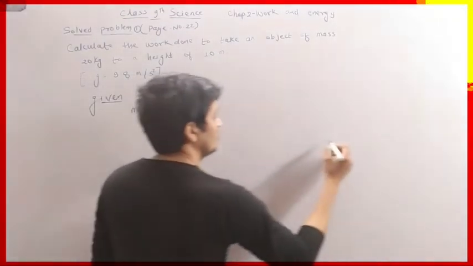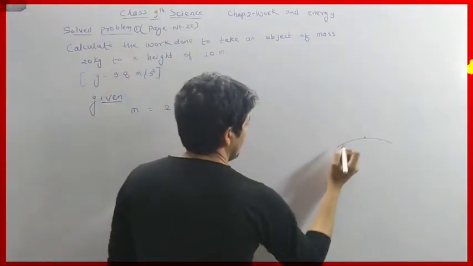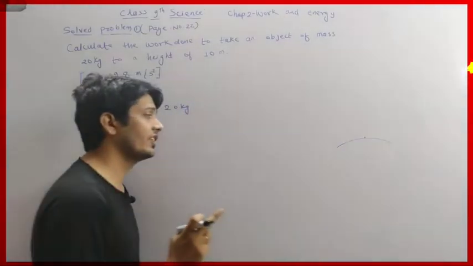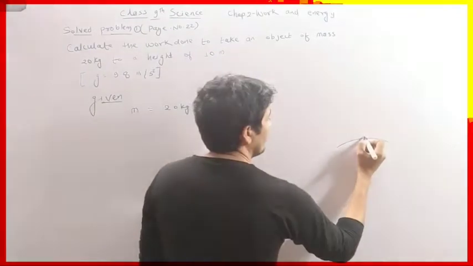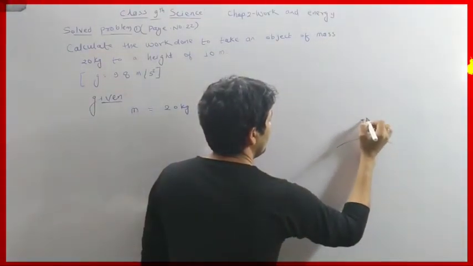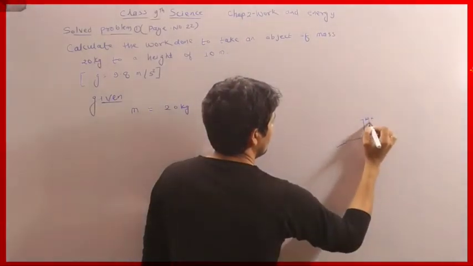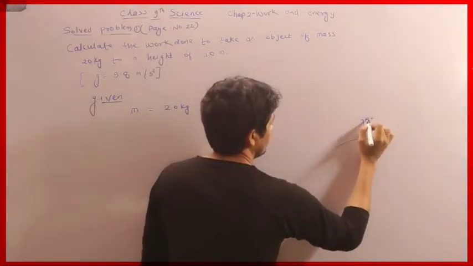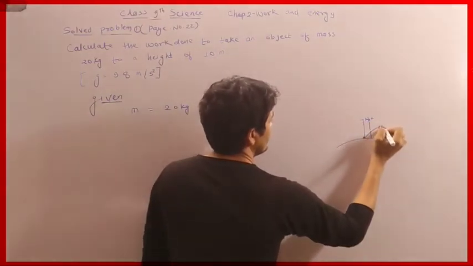Suppose this is the earth surface and this is an object. In the initial stage, the object is kept on the earth surface. So when we are taking this mass to 10 meter above the earth surface, it is 10 meter height from here to here. So this is the height and its mass is 20 kg.